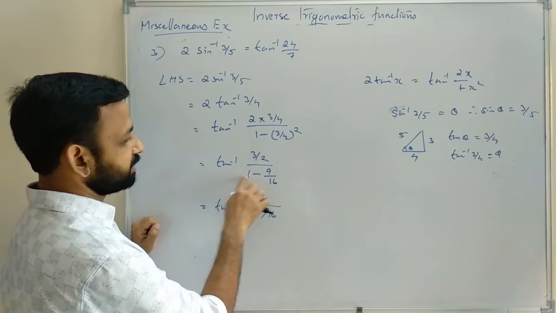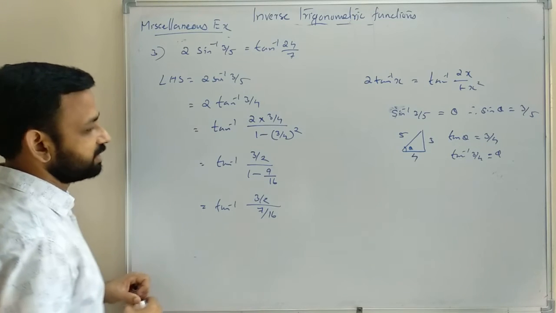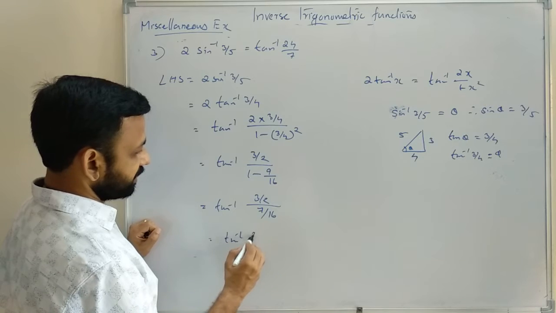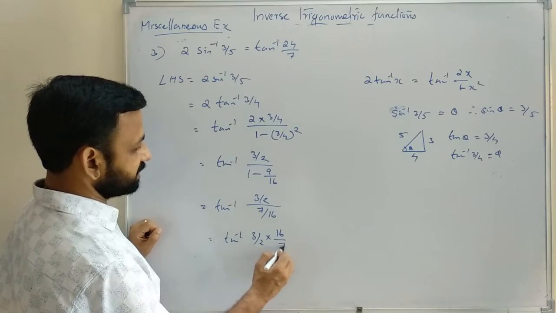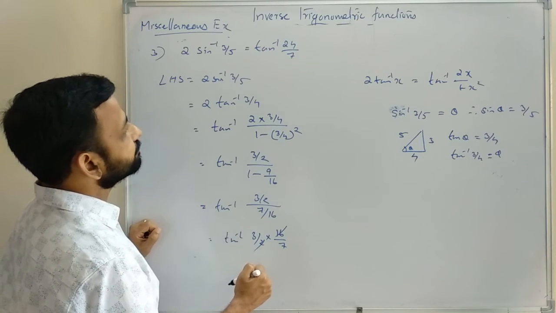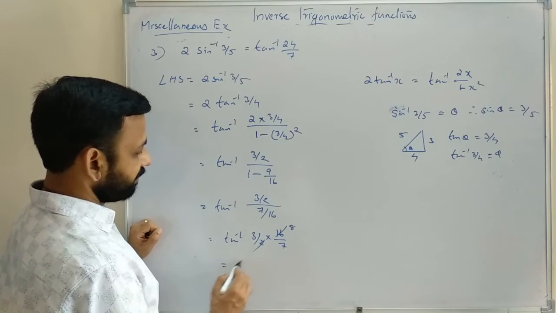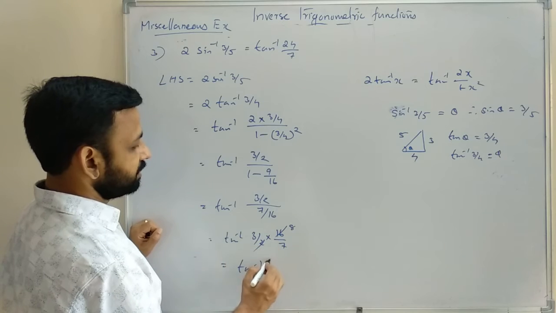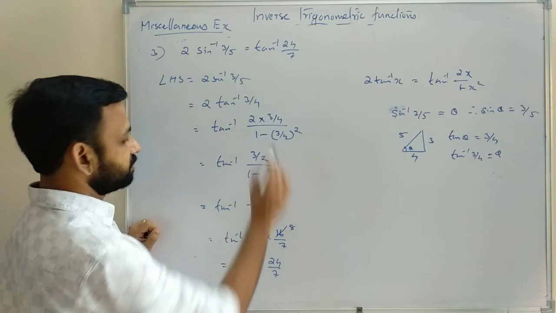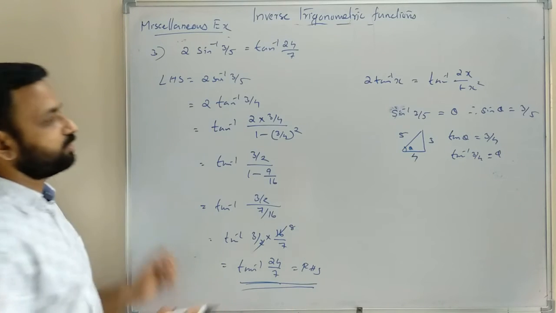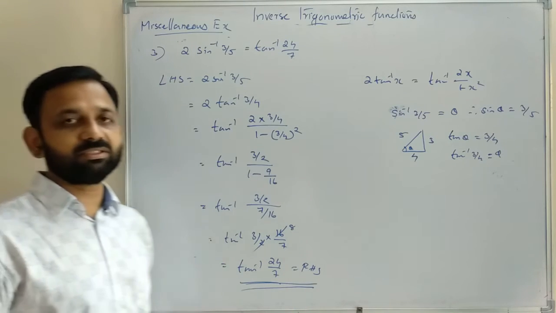Then we can write tan inverse 3 by 2 into 16 by 7, cancelled. Here we will get 8. So we will get tan inverse 24 upon 7. So we got the result, that is equal to RHS. So tan inverse 24 upon 7, that is RHS.